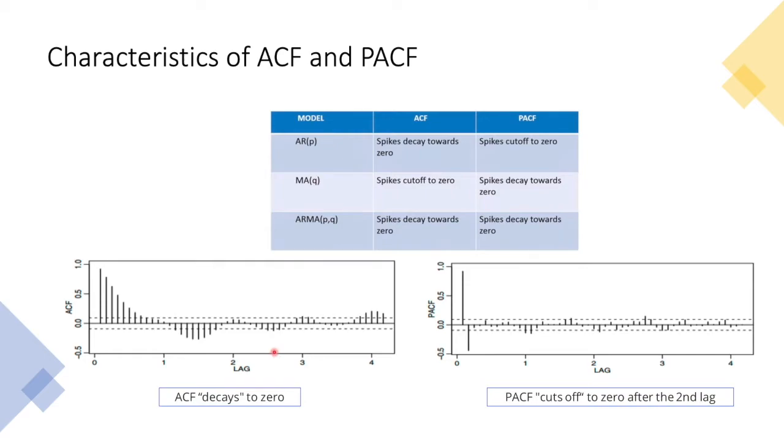Basically, we can use those two functions to plot the ACF graph and PACF graph. Following those rules, we can find the value of P and the value of Q, then plug those two parameters into the ARIMA model, and then train the model using the time series data.